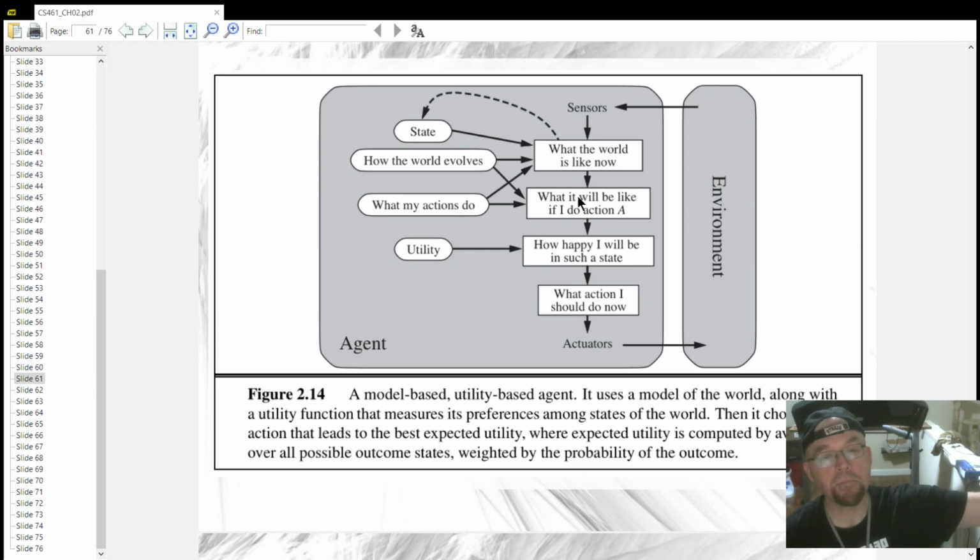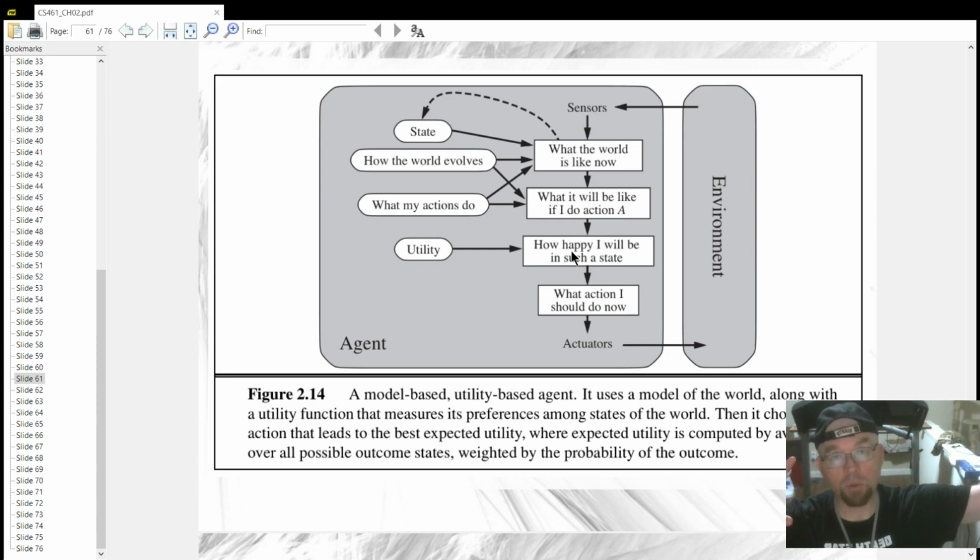Right? And so then the utility function jumps in and says, all right, well, how well did I do? How happy will I as an agent be in that state? What's its utility value? If I make that decision on the world based off of what I know the current state to be, how the world can change, how my action can impact that environment, let me evaluate what that will look like.